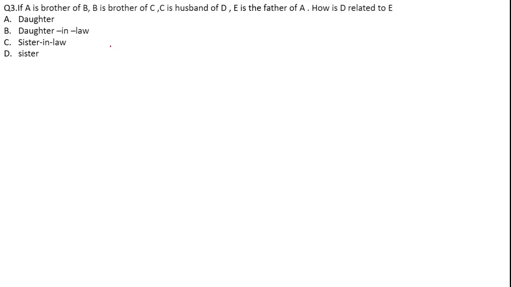So basically they have given that A is a male and he is brother of B. In the second statement it is given B is brother of C. This is also male. Okay, and this is also male because it is given C is husband of D.